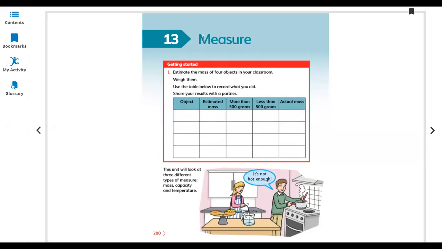So let's start. Any 4 objects from the class, you can write it here. Let's start by taking the book, bag, or any kind of table or chair.